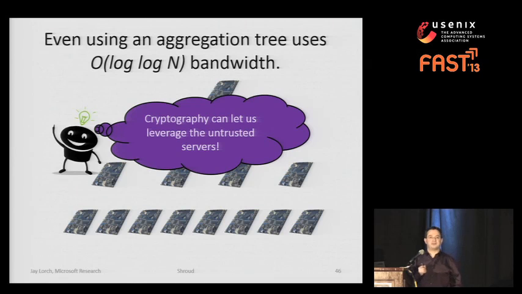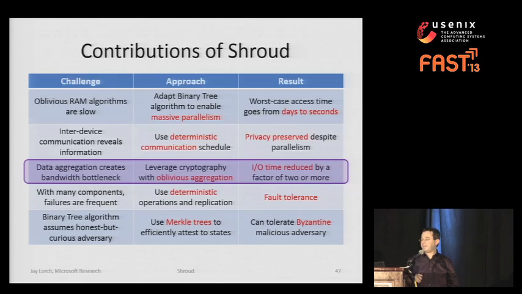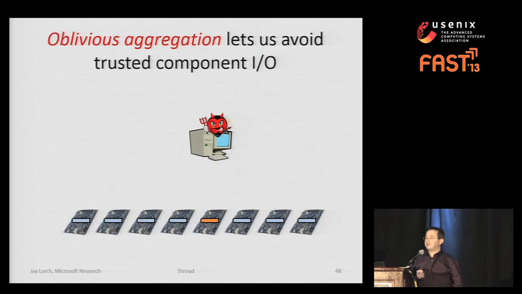We can use cryptography to let us leverage the untrusted server. And we call this approach Oblivious aggregation, and it works like this. Each of the coprocessors that has something to communicate is going to encrypt it homomorphically. I'll say what that means soon.